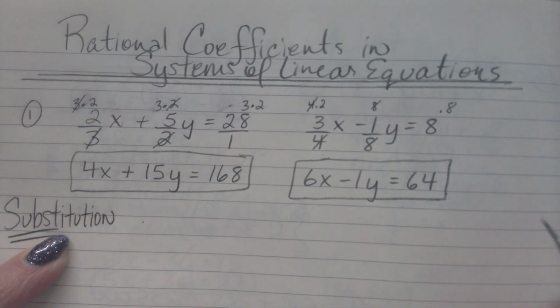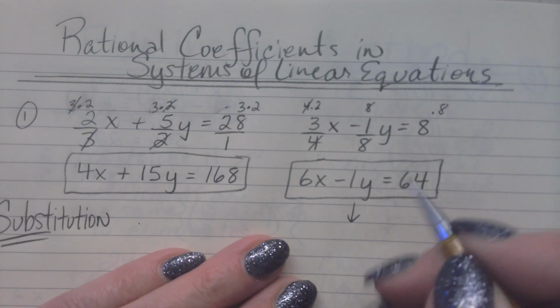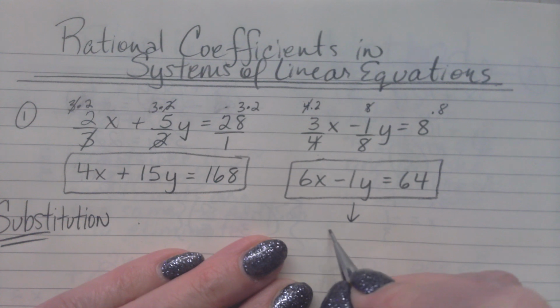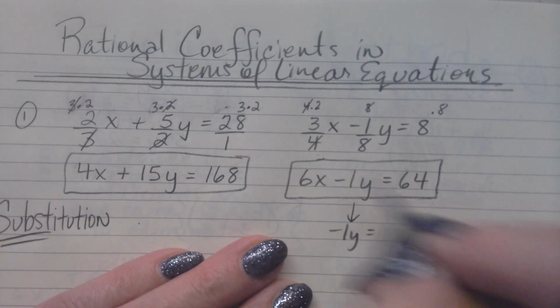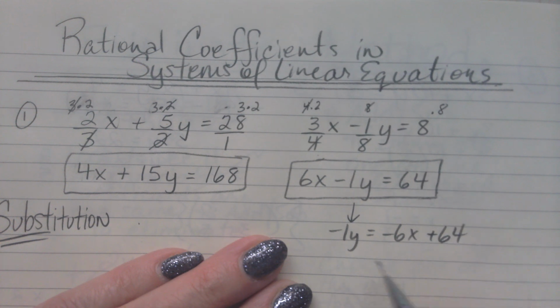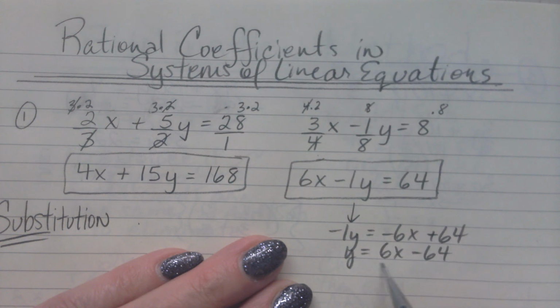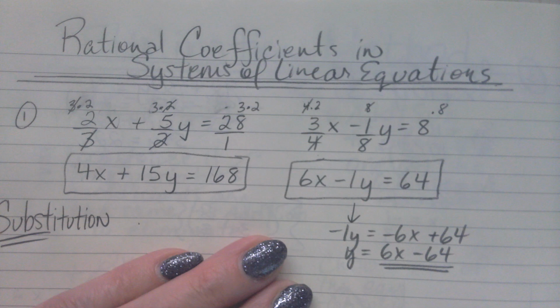I'm going to use this one. I'm going to isolate my y here by going negative 1y is equal to negative 6x plus 64, and then going 6x minus 64. I always like to underline them.